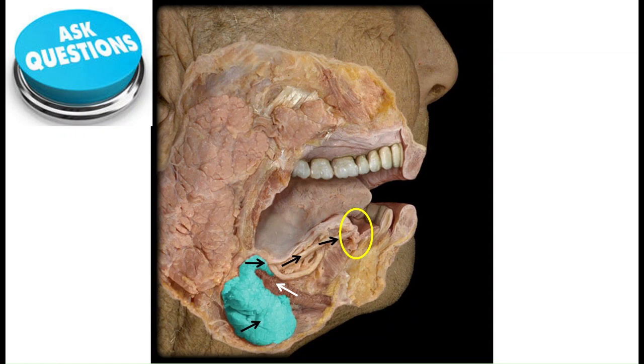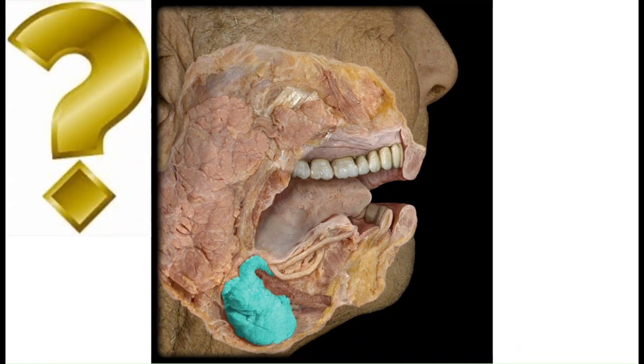This is called Wharton's duct. There is an important issue here. When I say here, I mean inside the mouth, where Wharton's duct is, and here is the mylohyoid muscle, and this is the duct, the Wharton's duct of the submandibular salivary gland, and here is the yellow structure, which is the lingual nerve.